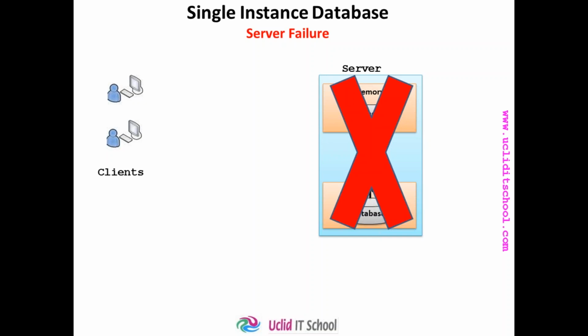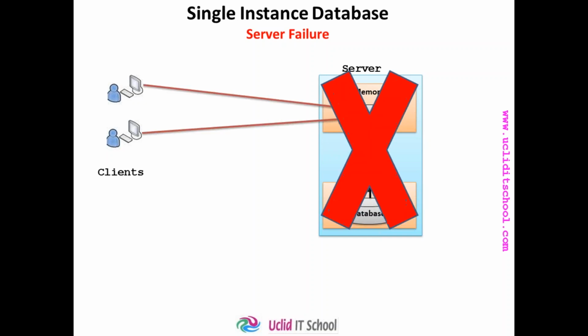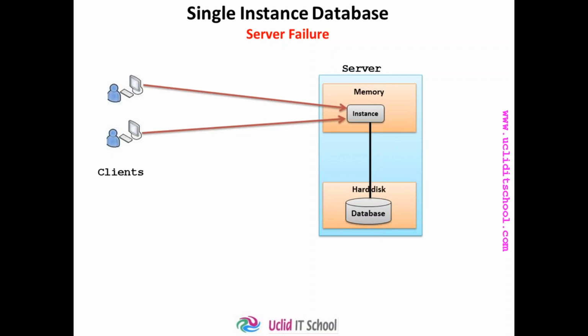For example, in our scenario, this instance capacity is, say, 1000 concurrent connections, right? Now what happens if more than 1000 concurrent connections come?